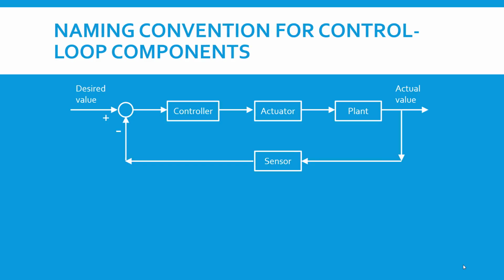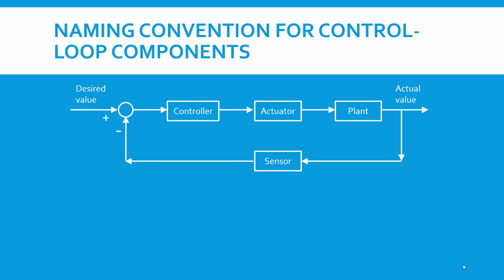As our starting point, let's look at the control loop as we originally defined it. The components in the control loop are being described conceptually, and how these components fit together to make a feedback control loop where the actual value, what we have, is equal to the desired value, what we want.